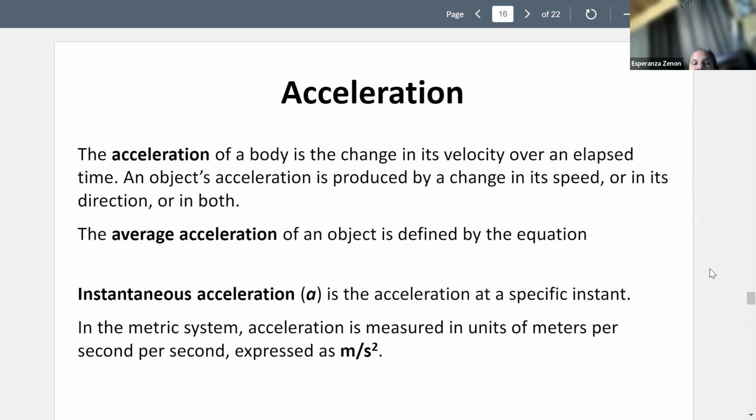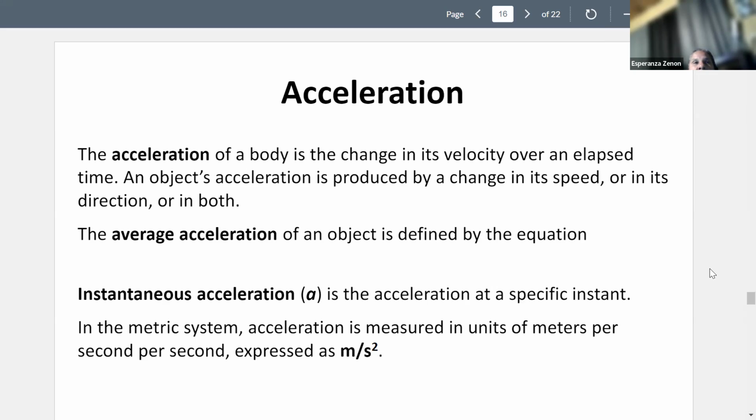If the velocity is changing, the object is accelerating. So how does an object accelerate? Well, it could change its speed or its direction or both. Imagine riding in your car and you have to make a sharp turn, like you're in a steep curve.